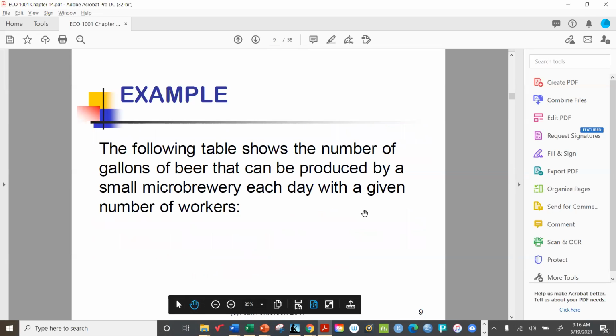Okay, now here we're going to look at a small microbrewery. Everyone knows what a microbrewery is, right? The word micro means small. All right. So in other words, you know that the beer industry and really the alcoholic beverage industry in general, there tends to be sort of a mixture of gigantic firms like Anheuser-Busch, for example, working side by side or competing side by side with tiny little breweries that don't produce a whole lot of beer, but what they do make is highly specialized.